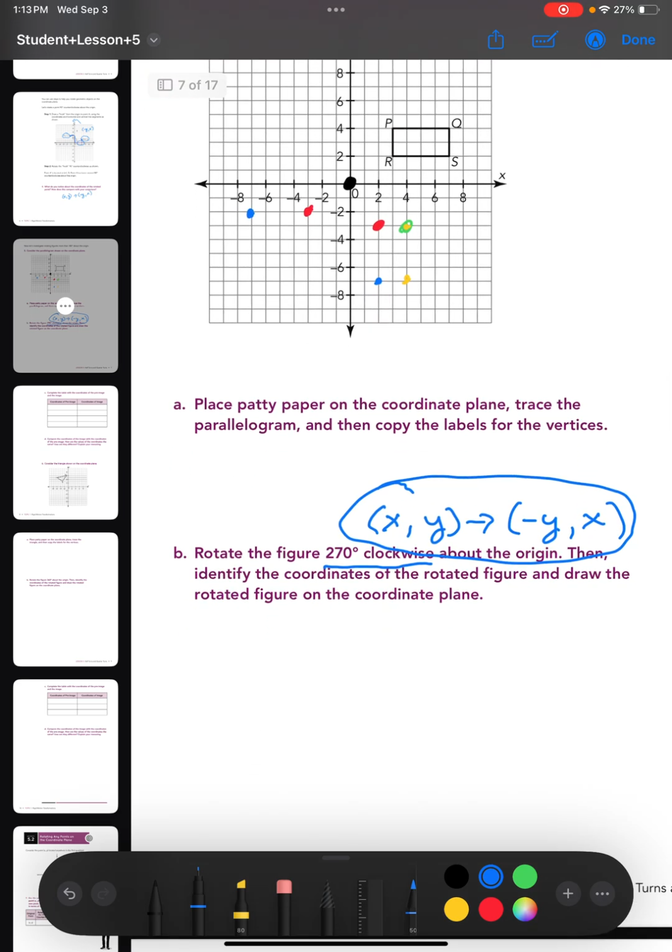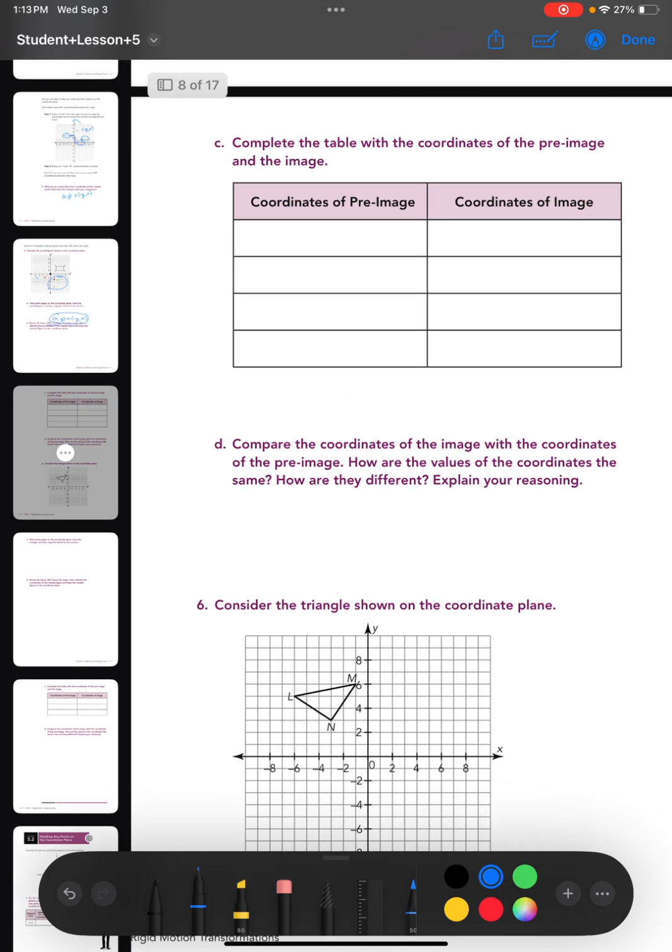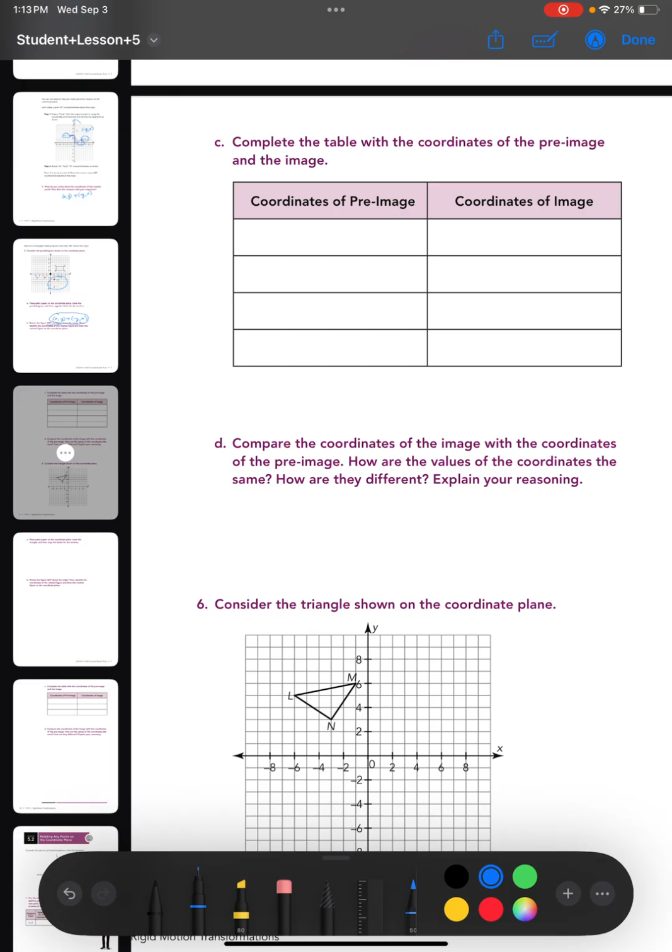Okay, so keeping that in mind, we're going to go write the coordinates of the original rectangle, PQRS, and we're going to write the coordinates of this new rectangle, 270 degrees, using our rule. All right, so we got PQRS, and then we're going to have our new image, P'Q'R'S'. So those original points, if you flip back to the other page, are (3, 4), (7, 4), (3, 2), and (7, 2).